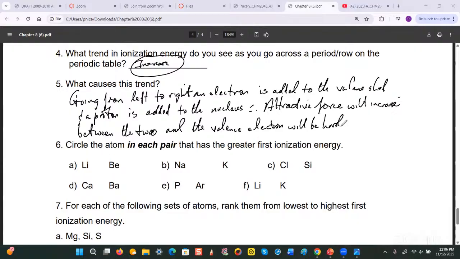And that's it. That's why the ionization energy increases. And remember again, that's generally speaking, remember the exceptions we mentioned, but generally speaking, that's the trend, all right?